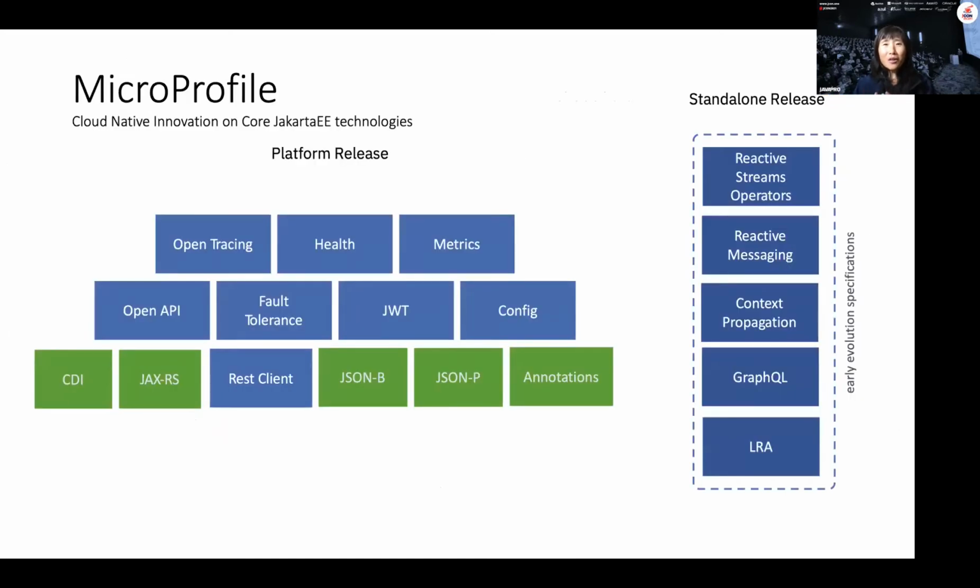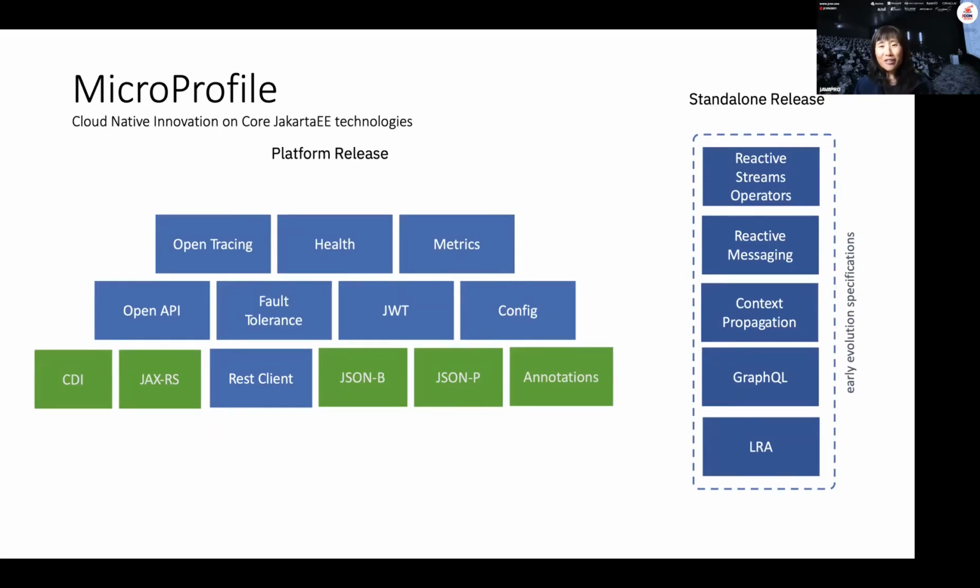This is the latest MicroProfile building blocks. As you can see here, we borrowed 5 Jakarta EE specifications: CDI, JAX-RS, JSON-B, JSON-P, and also annotations.